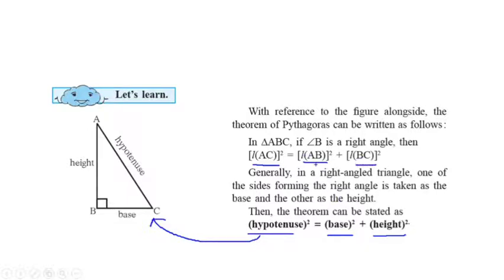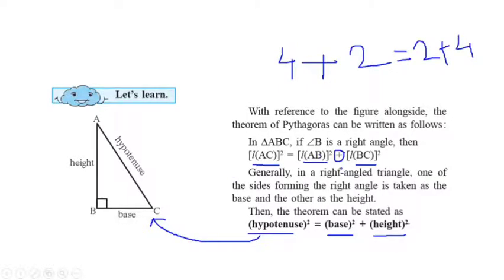AB is the height. Now see, though you write BC this side and AB this side, still it is correct since addition gives both correct. Though you write 4 plus 2, it will also be equal to 2 plus 4. I hope you are understanding.